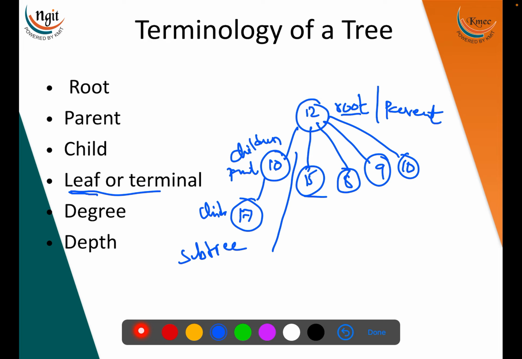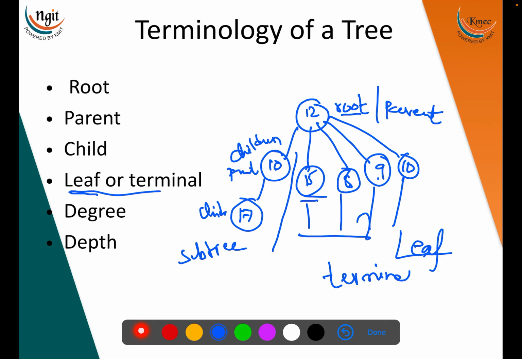What is a leaf? A leaf node is a node which will not have any children. We did not find children for 15, 8, 9, 10. Hence 15, 8, 9, 10 are called leaf nodes, and these can also be called terminals.